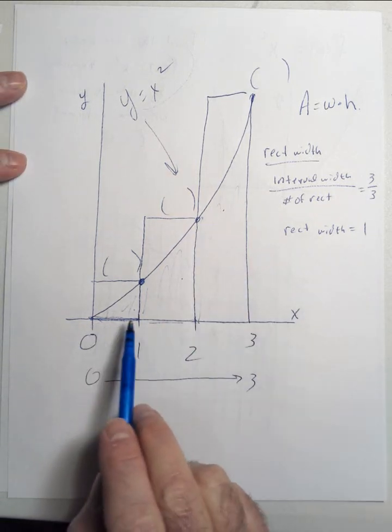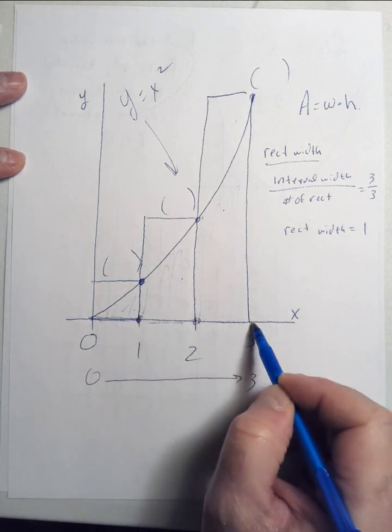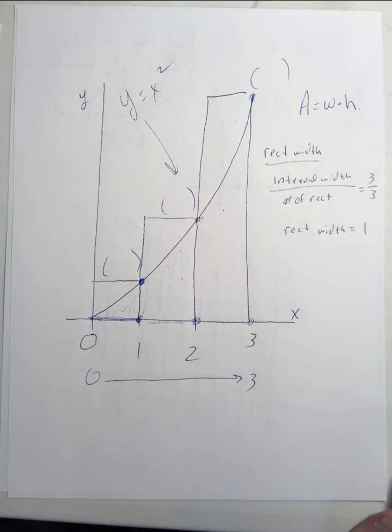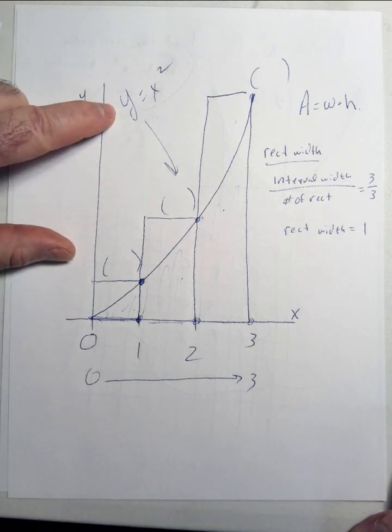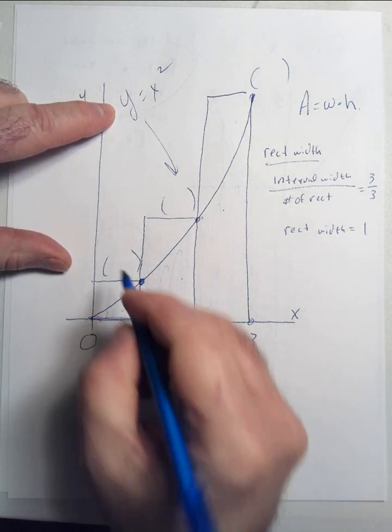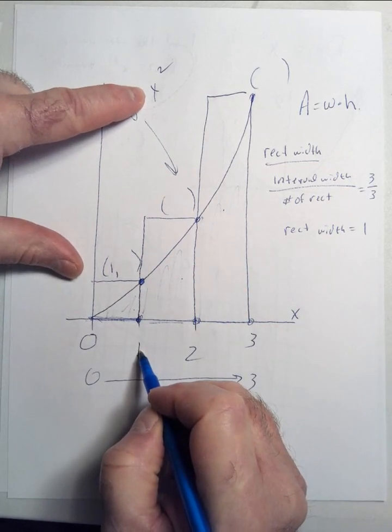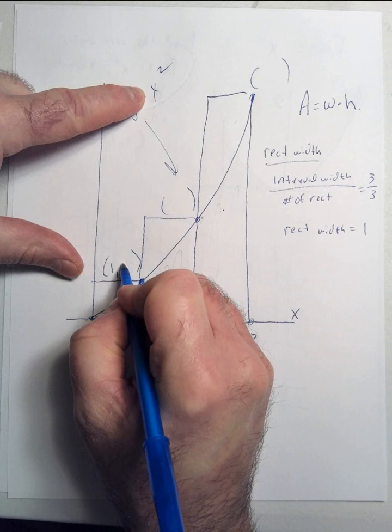So as we go along the interval, I need to plug in the right endpoint values, which are the x values, at the right end of the rectangle, into the function to determine the height of that rectangle. So the first right endpoint here is 1, and when I plug 1 into the function, 1 squared is 1.